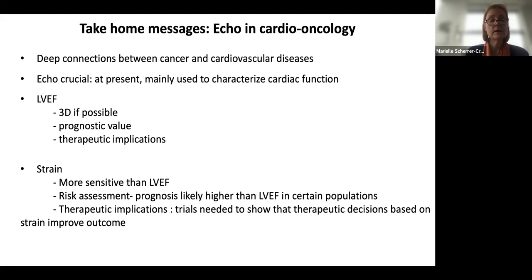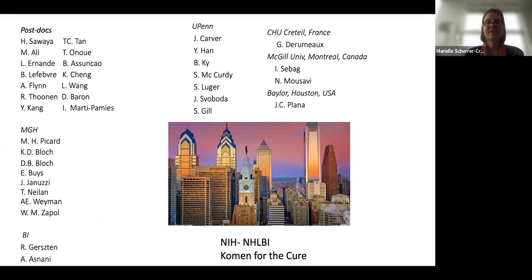The prognostic value is likely higher than LVEF in certain populations. The therapeutic implications haven't been proven yet, and trials are needed to show that therapeutic decisions based on strain improve outcomes. And finally, I thought it was exciting, but maybe in the future, Echo will be able to do some tissue characterization. These are the collaborators and the funders, and I thank you all for listening.